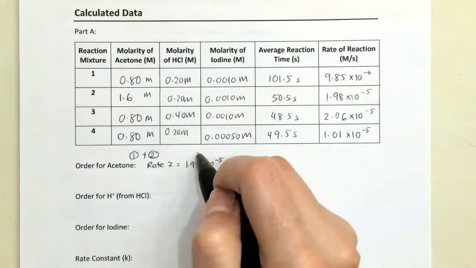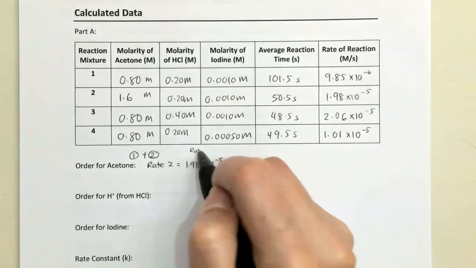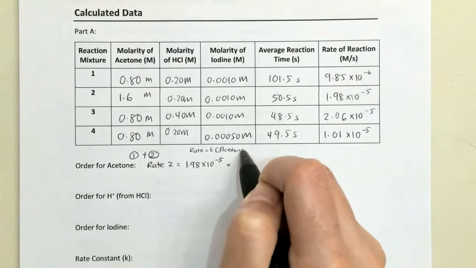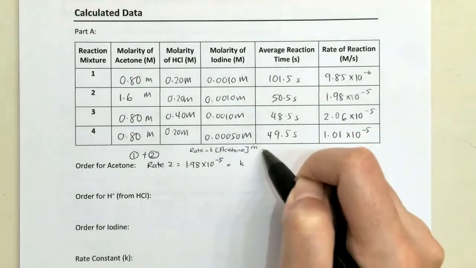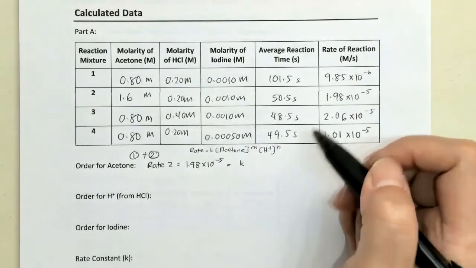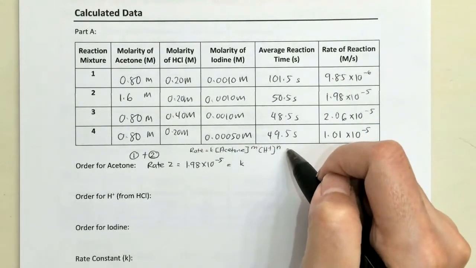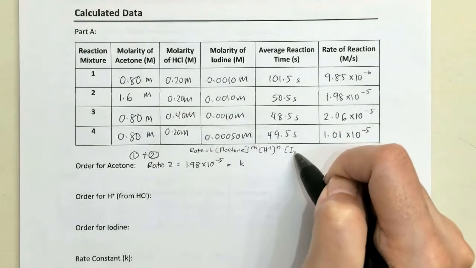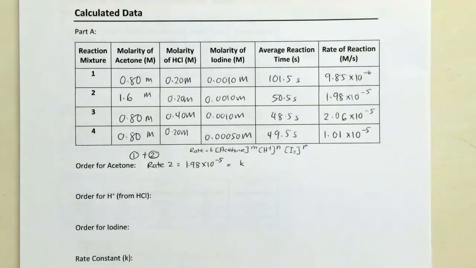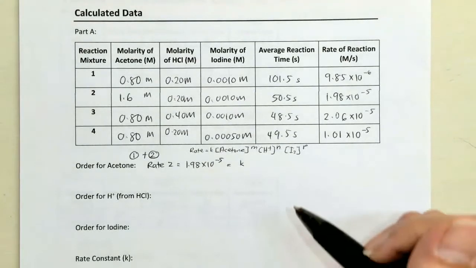So I'll go ahead and write the formula up here. Rate equals K, acetone to the power of m, H plus to the power of n, and then iodine, I2 to the power of p. So we have that here.